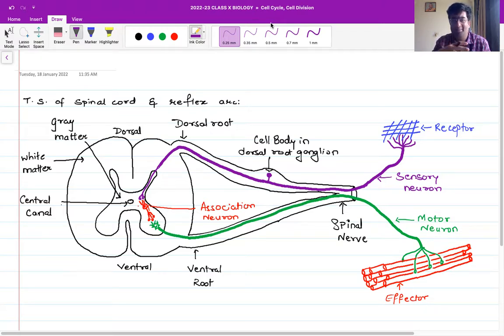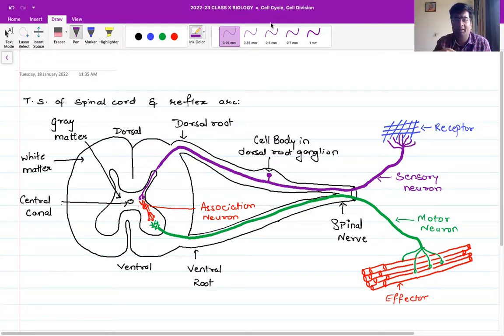I will not be describing the reflexes in detail, but just giving you a slight insight into the reflex action. There are two types of reflexes. Something that you are born with, like for example, coughing, sneezing, blinking of the eyes, swallowing of food. These are all natural reflexes. They are called inborn or innate reflexes also. And the other type of reflexes are conditioned reflexes, which develop through learning or through experience during a lifetime.